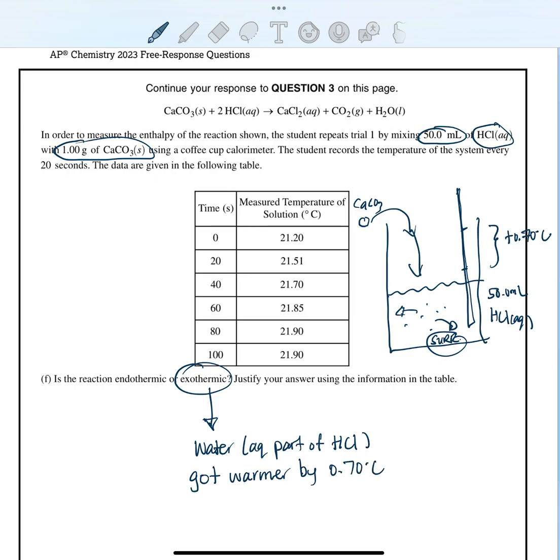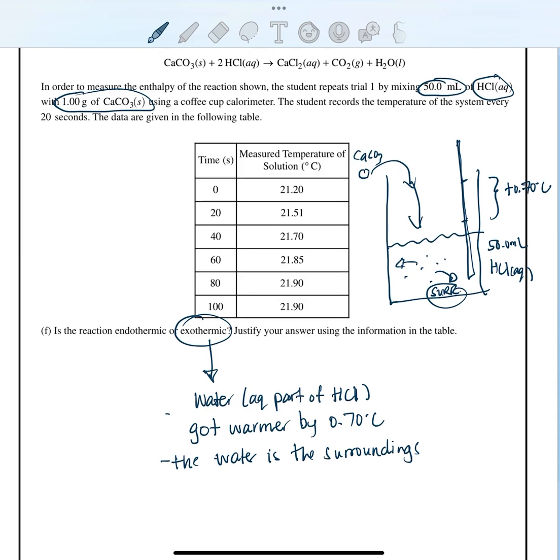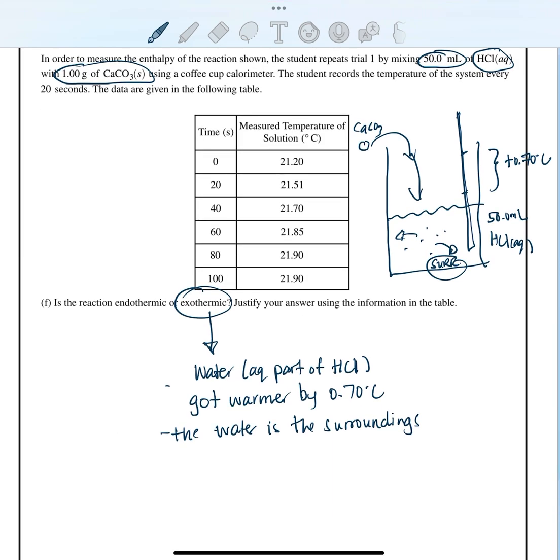0.70 degrees Celsius. And because the water is the surroundings, and we know that in an exothermic reaction, that's the definition, heat goes from the system to the surroundings.